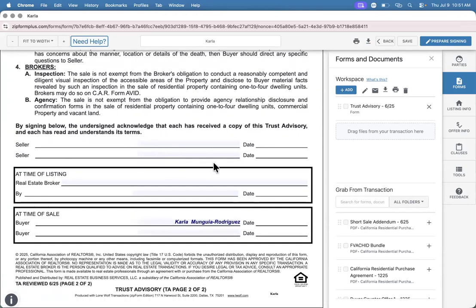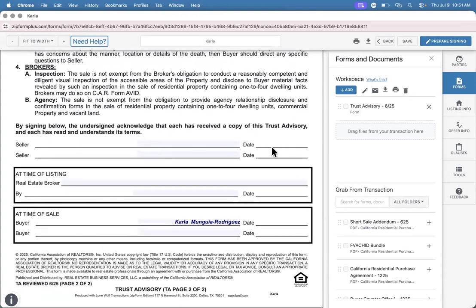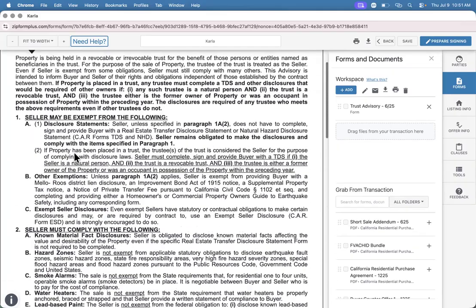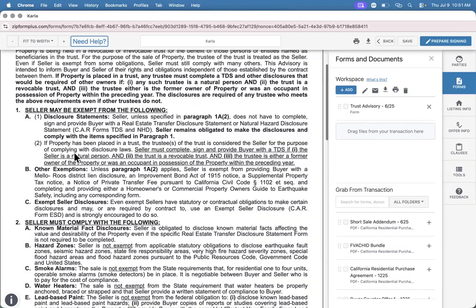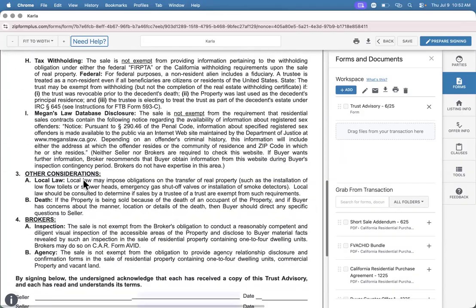It'll say who the seller is, and then it should say, wait, where is it at? There usually is a spot here that says who the trustee is. Oh, there's a trustee something.